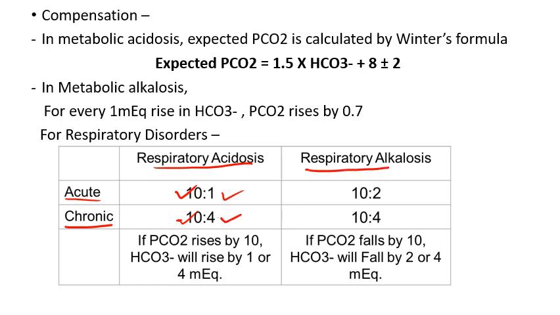In acute respiratory alkalosis, for every 10 millimeters of mercury fall in PCO2, the bicarb should fall by 2 milliequivalents. And in chronic respiratory alkalosis, for every 10 millimeters of mercury fall in PCO2, the bicarb should fall by 4 milliequivalents. Mind you, what I am saying it should fall by, I mean under normal circumstances. If there is any deviation from this pattern, it means that there is a second acid-base disorder.